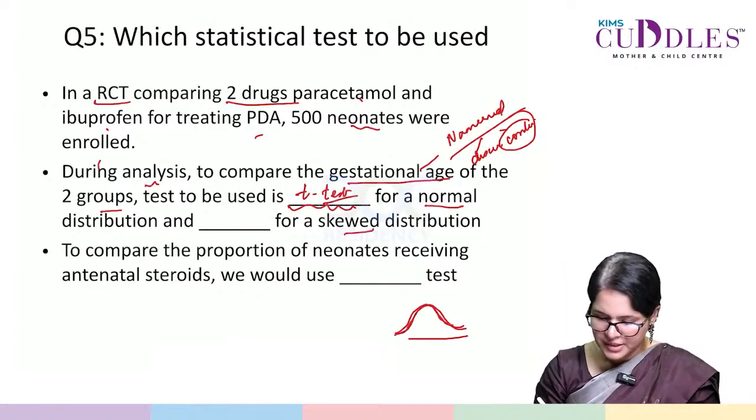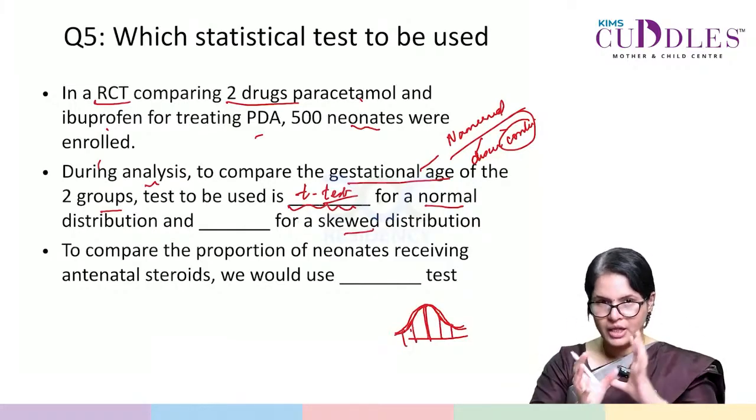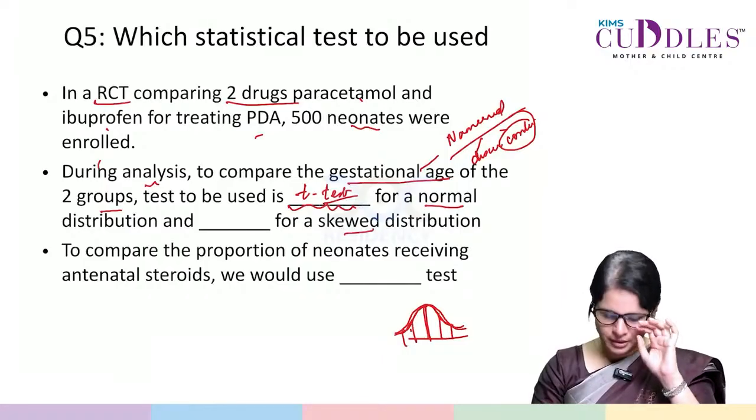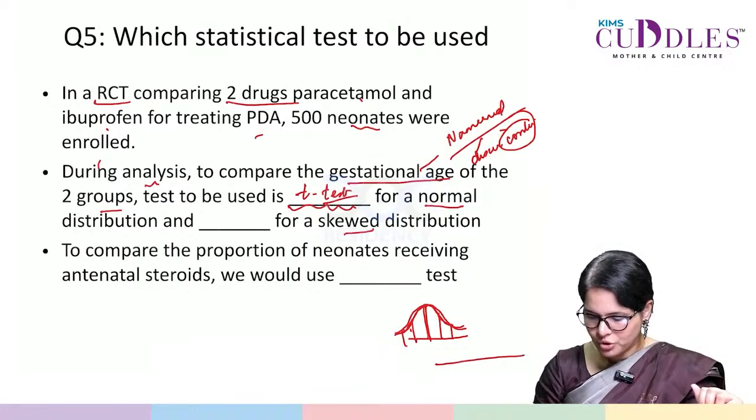That means it has a bell shape, it has a mean, 1 standard deviation, 2 standard deviations on either side, and equal numbers of individuals are present above and below the mean.